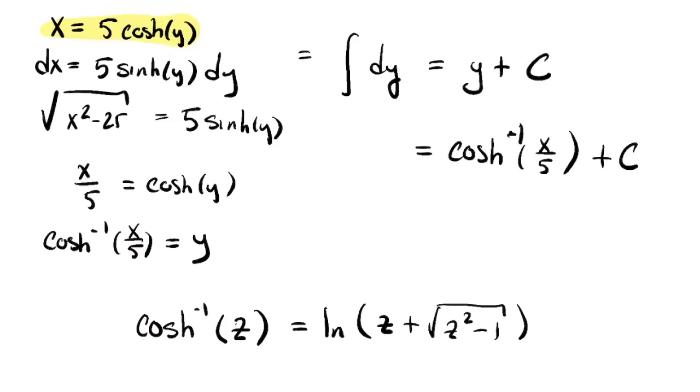That's for z at least 1. There is sort of a technicality there. But if you work out this integral using a trigonometric substitution, letting x equal 5 times the secant, when you get all done and rewrite your answer back in terms of x, it's going to be in this form. So sometimes you can have two expressions that are equal to each other, but it might not be obvious that they're equal. Okay, I'm going to end the video there. Thanks for listening.